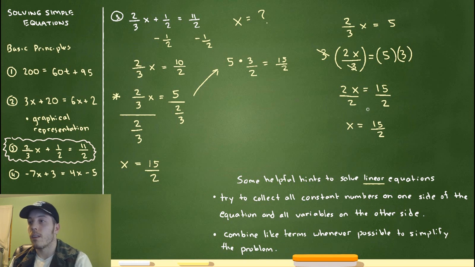Okay, so these are two different ways to think about it. I honestly think most people would do this second method here. Because, I don't know, I think a lot of students try to avoid working with fractions whenever possible. So instead of dividing by 2/3, they take this problem in 2 steps, and there's nothing wrong with that.